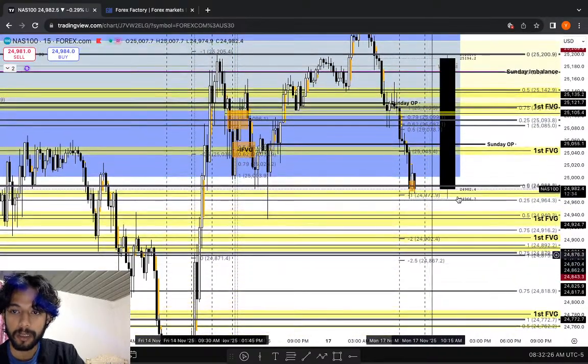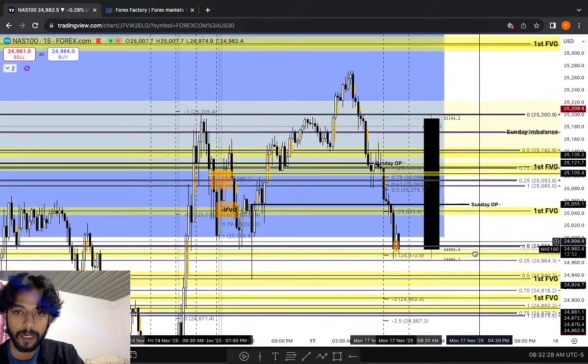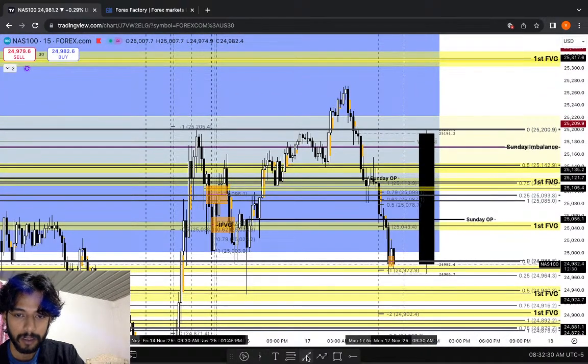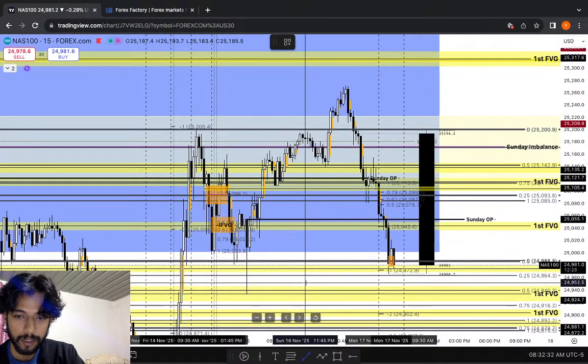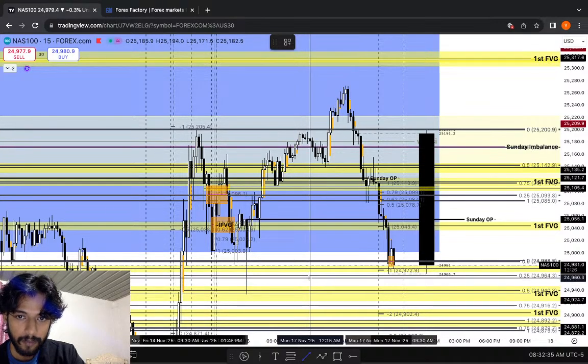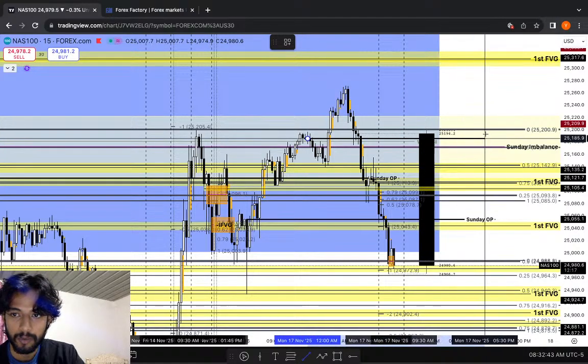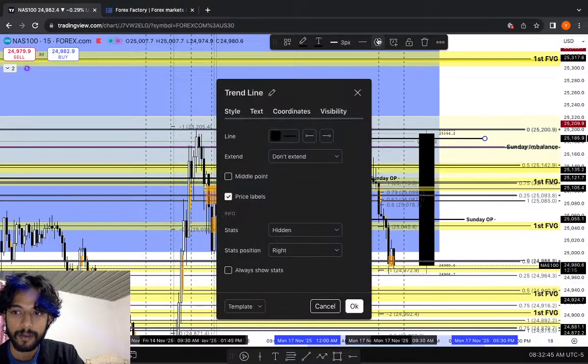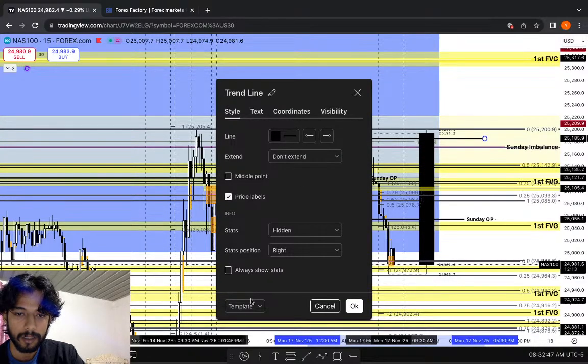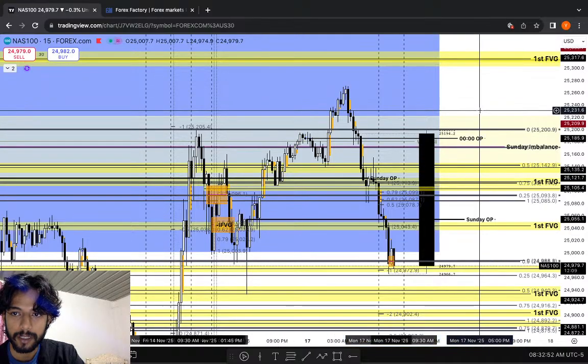But that will be a good thing for us because we are currently, let me also mark the midnight opening for you guys so you can clearly see where we are in terms of the price. That's the midnight. Okay, that's the New York midnight opening price, so mark that out. Yeah, that's the midnight opening price right there.